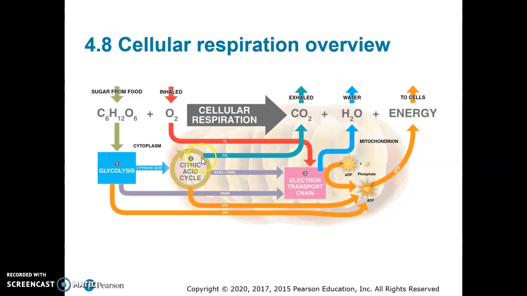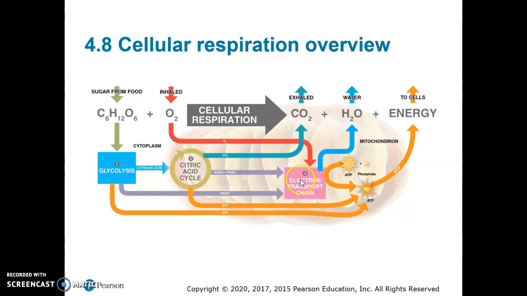So the hydrogens are being stripped off of the molecule here in the citric acid cycle, and they move over to the third process, which is called the electron transport chain. Some people call it ETC for electron transport chain. But in the electron transport chain, this is where the actual ATP is produced.